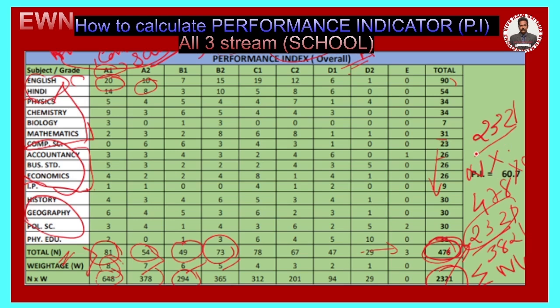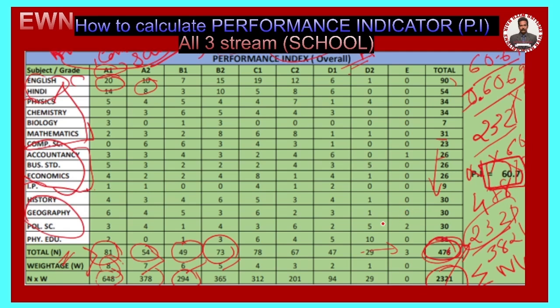Now this will be equal to 0.6069, because numerator is less than denominator. Then into 100, so it will be 60.69, that is equal to 60.7. So we have got here 60.7.